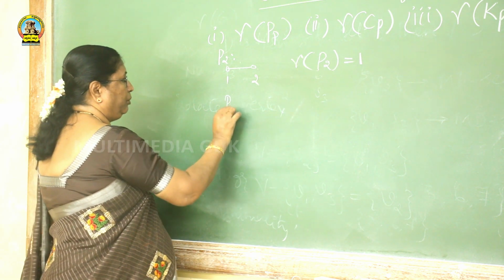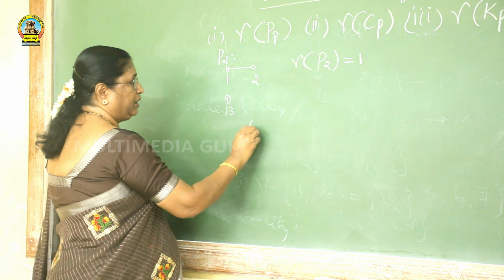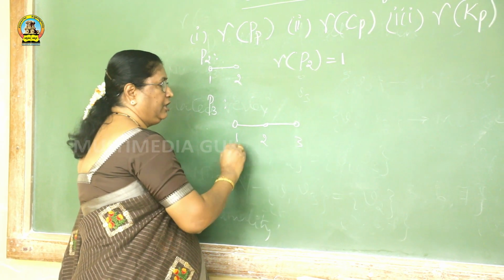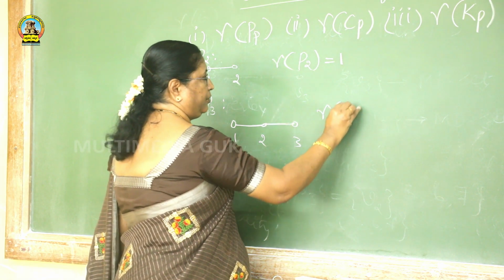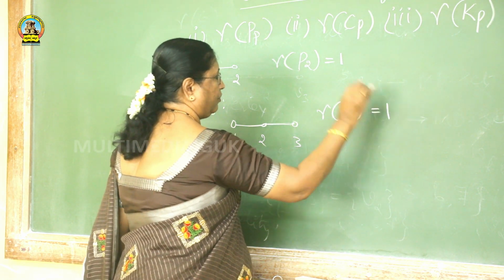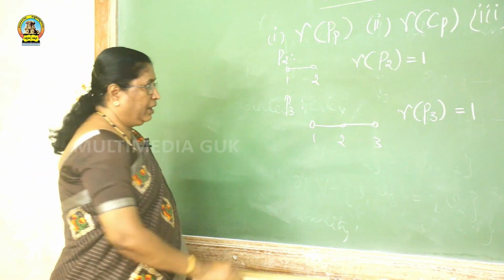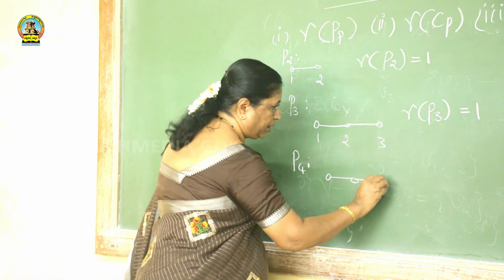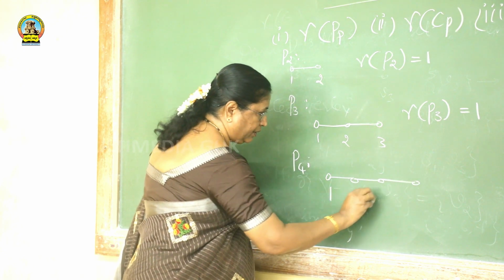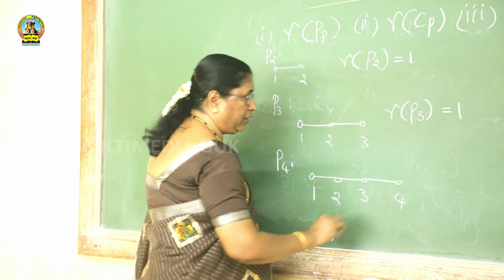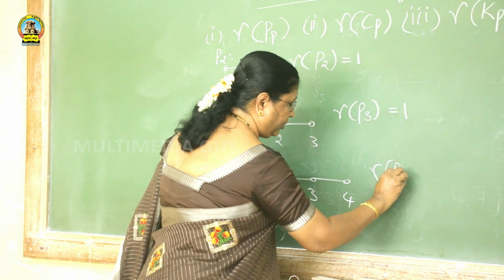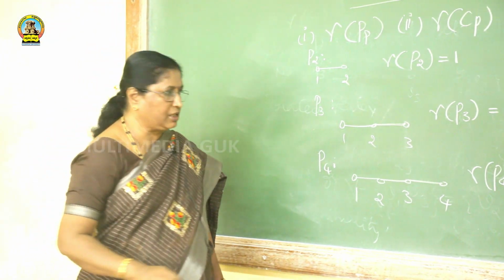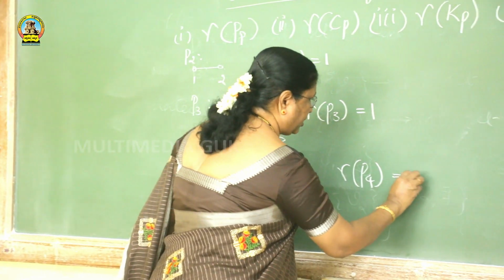Then the domination number of P3. P3 is the path with 3 vertices. In this case, the domination number of P3 is 1. Next we can go for P4. The domination number of P4 is equal to, take any two alternate vertices, that gives the domination number.